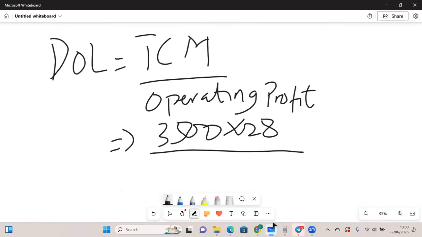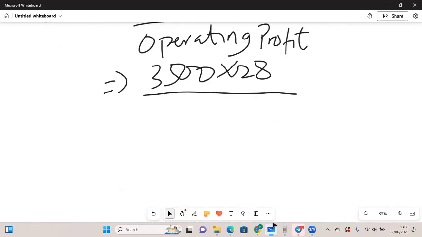Now, operating profit is just going to be your 500, which is the additional distance, times your contribution.